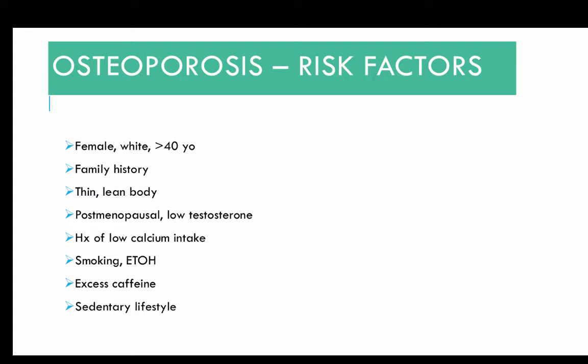Low calcium intake, and there's not a lot that we can do about it once they're older because that happens in childhood or in adolescence when they have this low calcium intake. Or they have a decreased vitamin D problem, and that would impair calcium absorption. Okay, somebody who smokes or drinks excess caffeine.